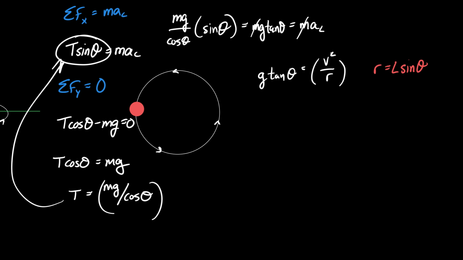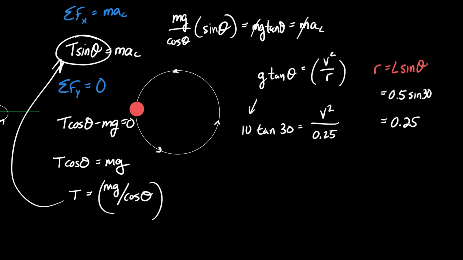And now I'm just going to go ahead and start putting numbers in because we're at the end of this problem. So over here I've got g, which is 10, tan 30 equals v squared over r. Well, r is the length of the string, 0.5, times the sine of 30. And that's got to be 0.5 times 0.5, or 0.25. So that makes this 0.25. Well, now I've got to figure out what v is.